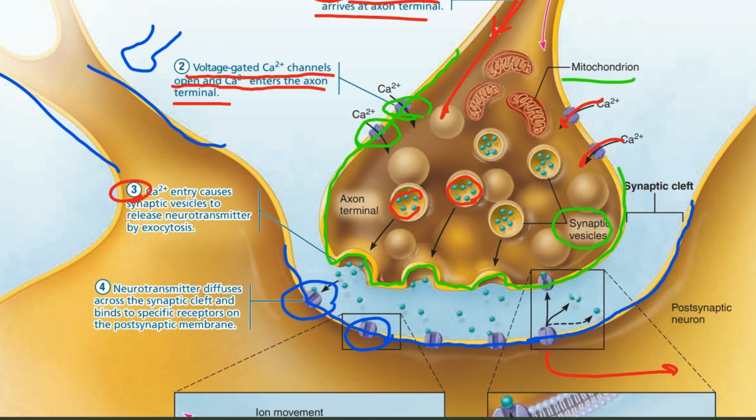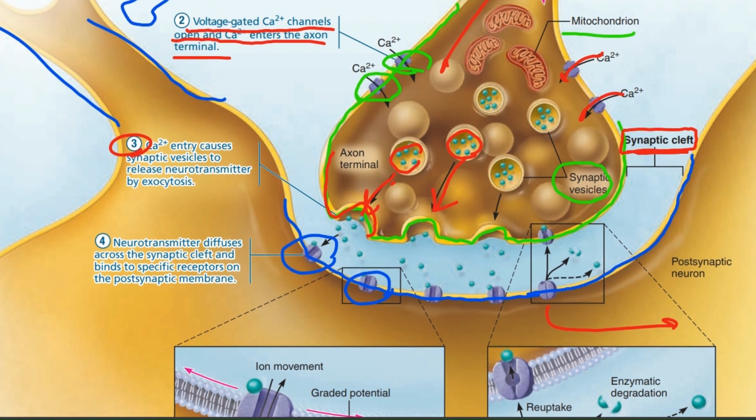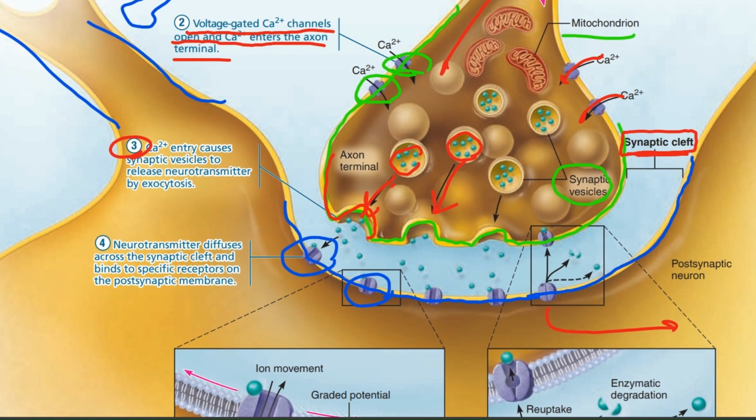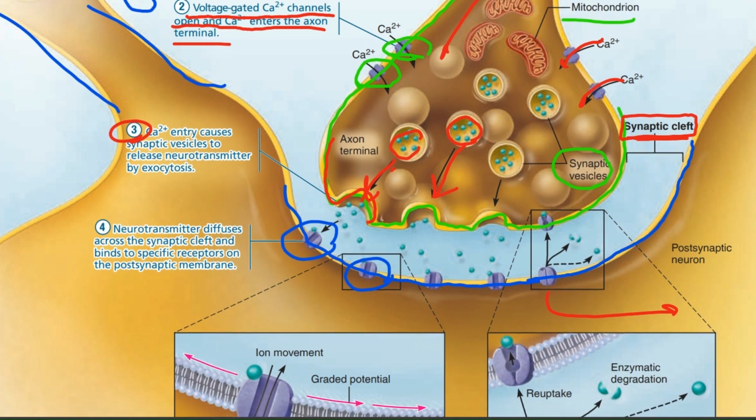The calcium entry will cause these vesicles to go here and merge with the membrane and release its storage of the neurotransmitters to the synaptic cleft. The synaptic cleft is the area between the presynaptic neuron and the postsynaptic neuron. So these neurotransmitters will be released to the synaptic cleft by the exocytosis of these synaptic vesicles.